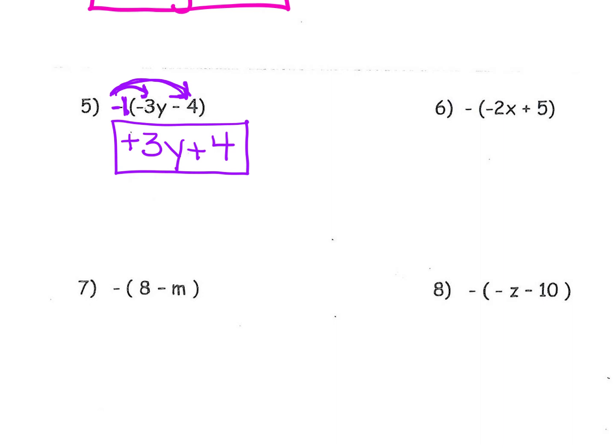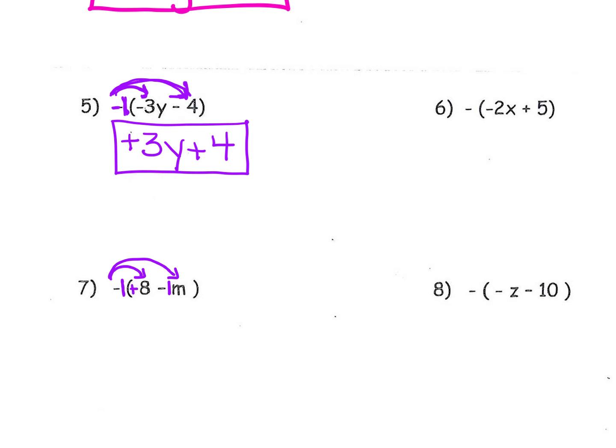And lastly, let's take a look at number 7 together. On number 7, we place a 1 behind the negative symbol, and we can also place a 1 in front of the m behind the negative symbol. We're going to distribute a -1 to each of these terms. Basically, as we multiply by a -1, it's going to flip each term to its opposite.